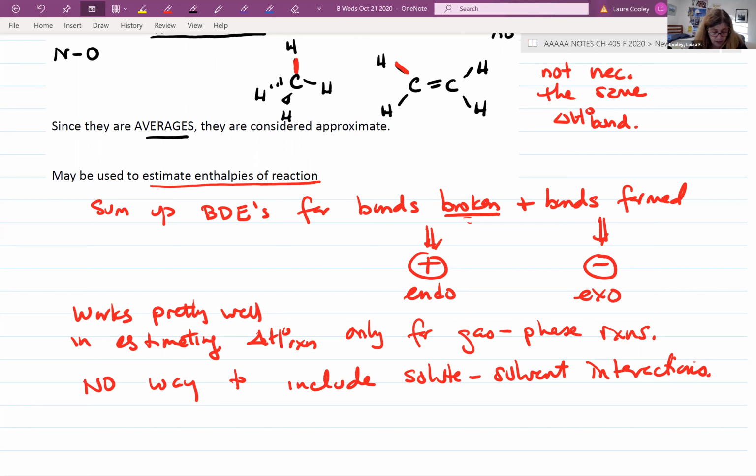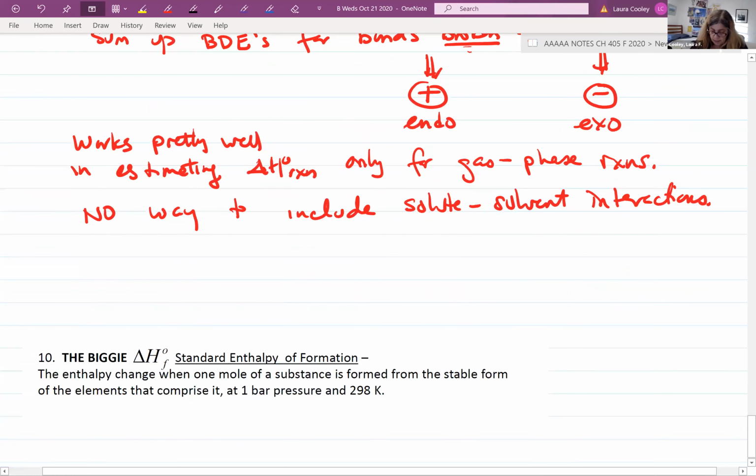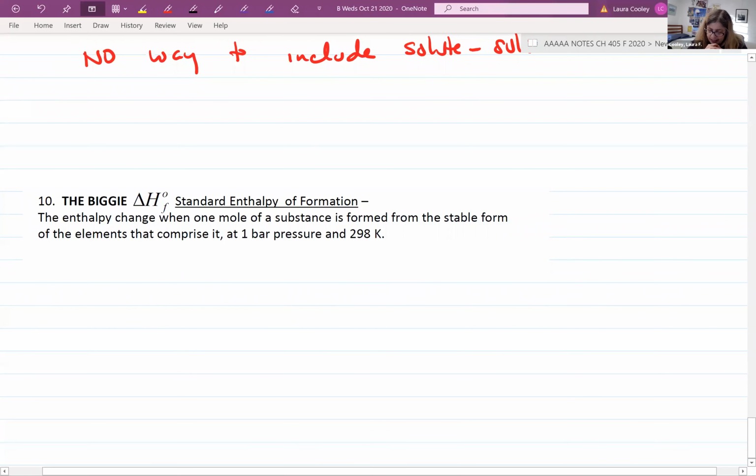So that's that. Now there is another very important delta H, standard delta H, that I call the big one, the biggie. And this is the standard enthalpy of formation. Okay.